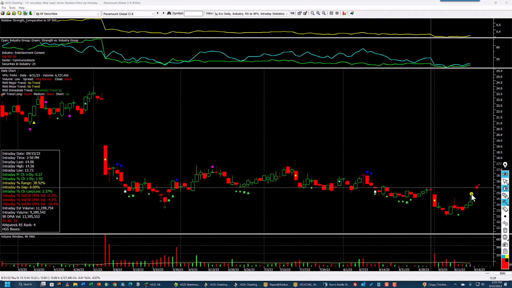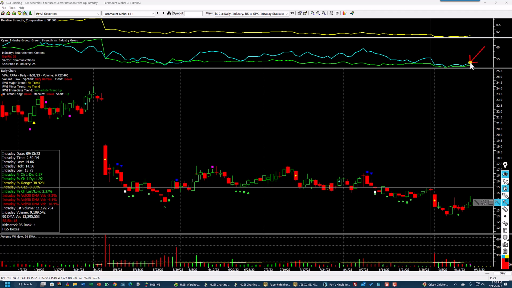I brought my drawing tools up. You can see, well, here is the no supply, and volume has really been falling off. This stock may be just about sold out. Is the smart money acquiring it now? Well, maybe, but it's got a lot of work to do.